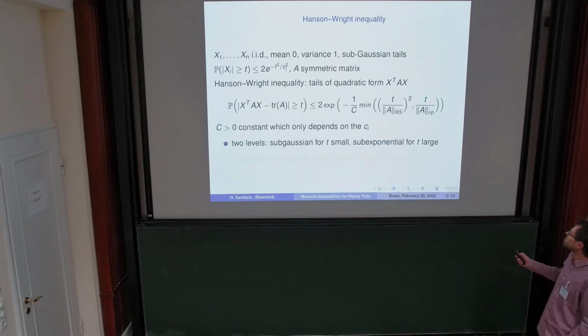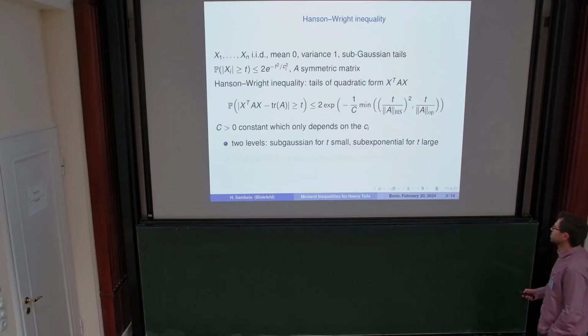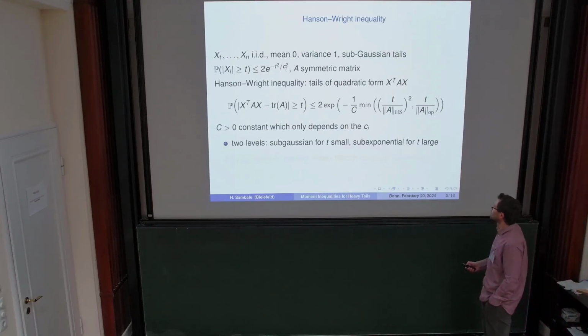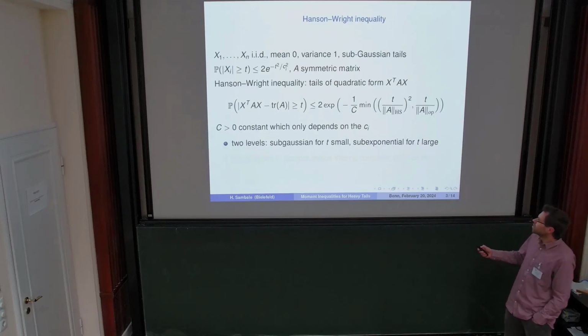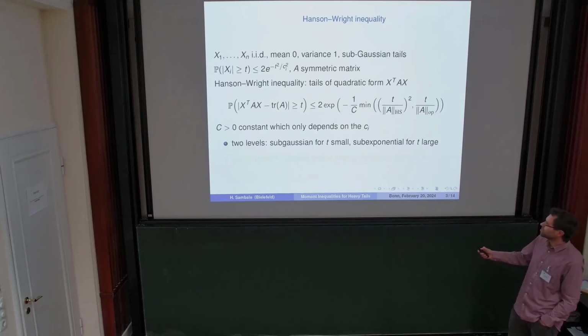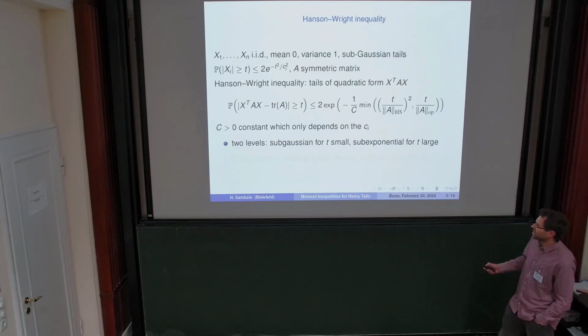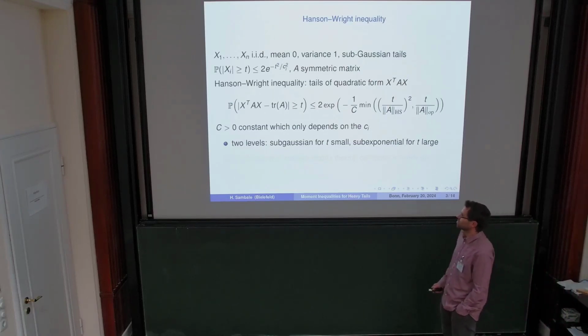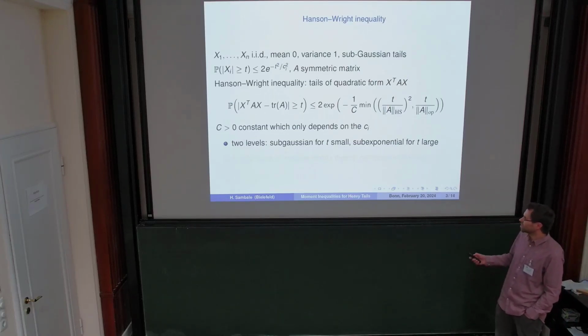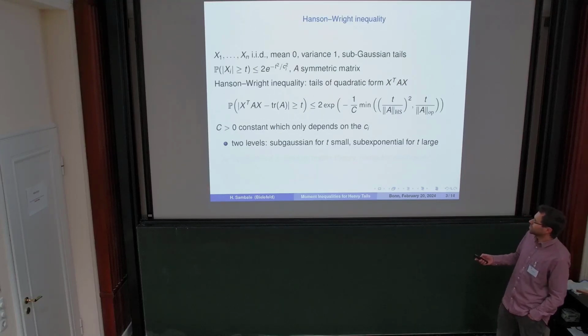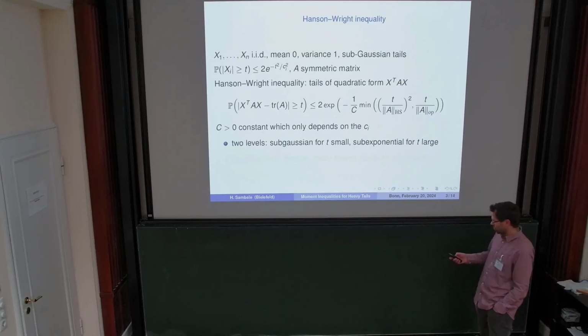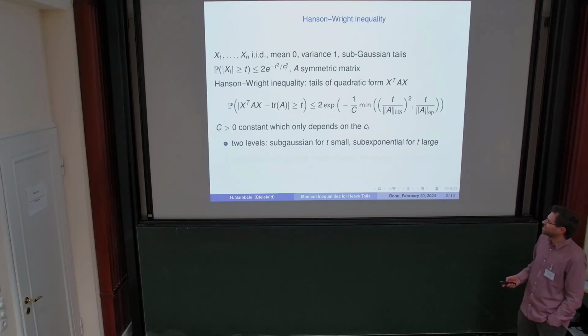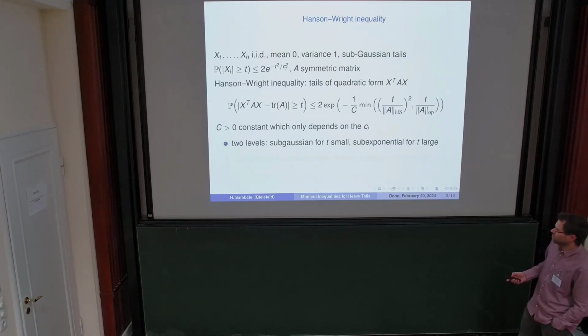And then you have a sub-exponential regime, which scales with the operator norm of A. Right? And here you have some constant, which only depends on the Ci, so in essence, the sub-Gaussian norms of these random variables. Okay, and this can also be made more precise and so on, but I've just chosen some simple version of the whole thing.